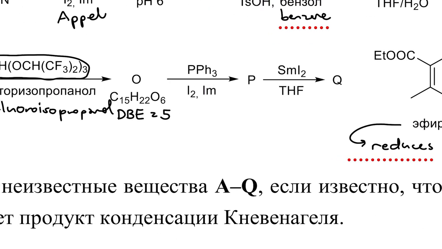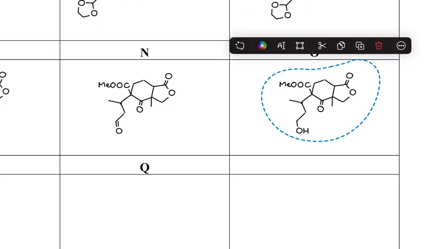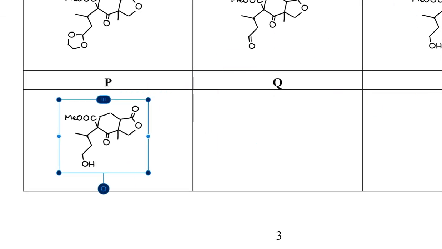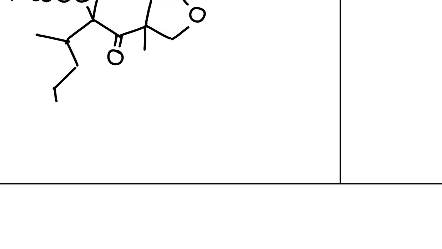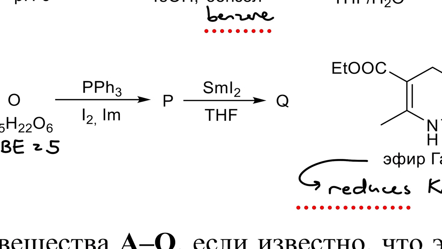Then we treat it with, again, our Appel reaction. So we turn that OH into iodine. Now we treat it with, I love radical reactions. Can't tell you how much I love radical reactions. Samarium diiodide.